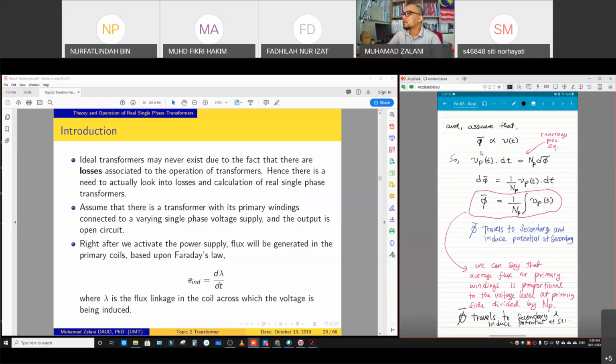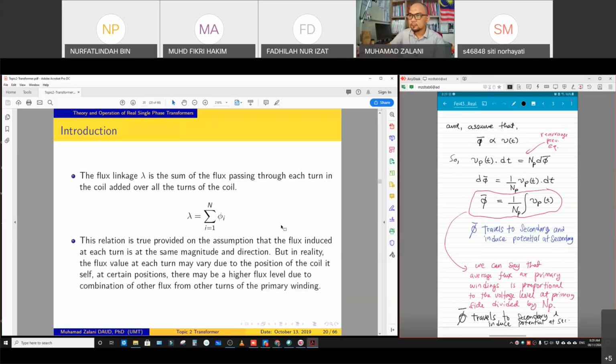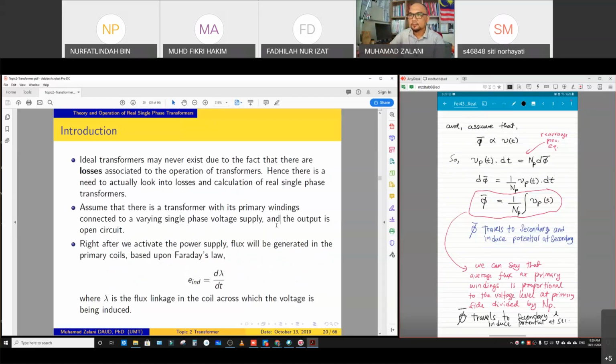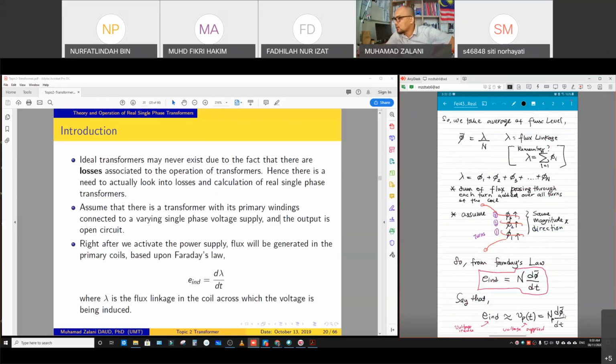So in this case, since we did that assumption, as I said earlier, we are talking about a real transformer, but we still made some assumptions. So this is some of the assumptions that we have made. Using this equation from the previous equation, we can rearrange this by assuming that Vp is directly proportional to phi bar.